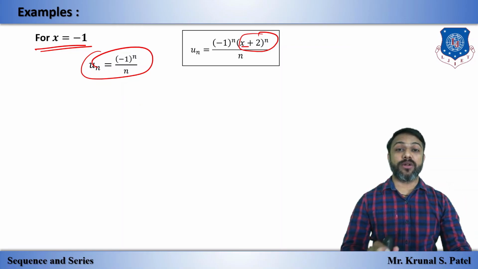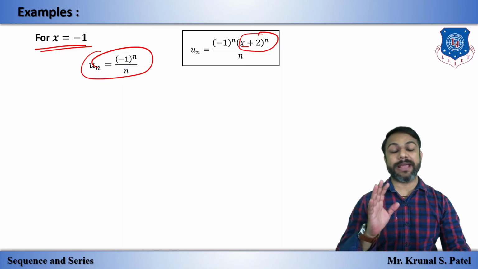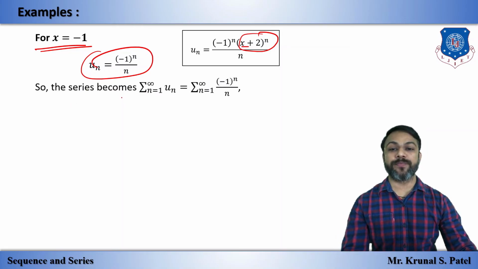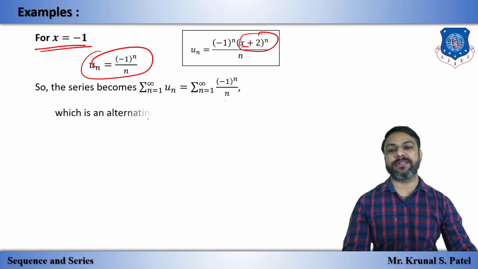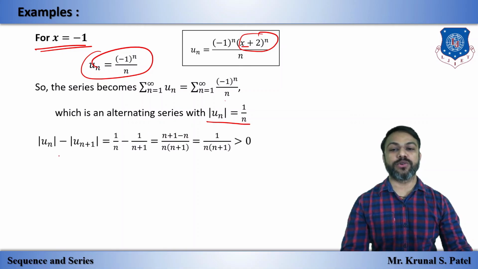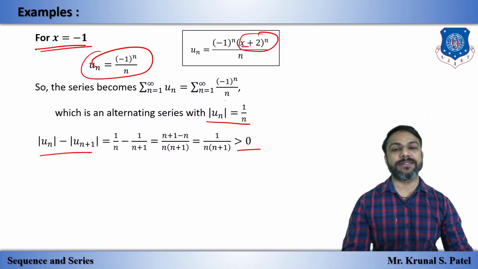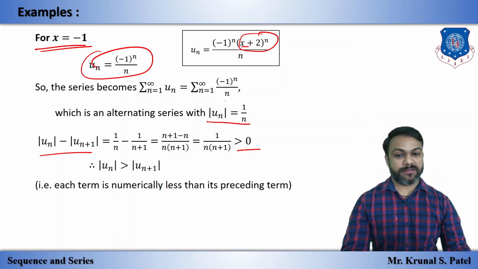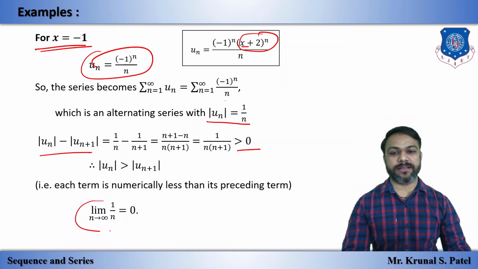I have said this sentence many times; you have to keep it in mind. For this alternating series sigma un, mod un is 1 by n, so each term is numerically less than its preceding term, and by the Leibniz test the limit is 0.